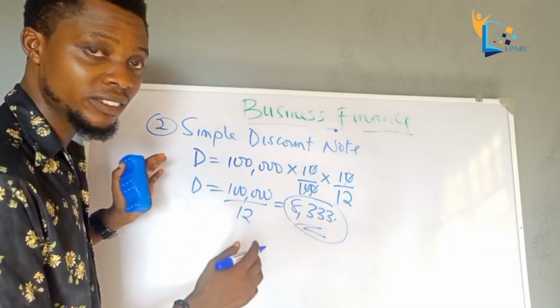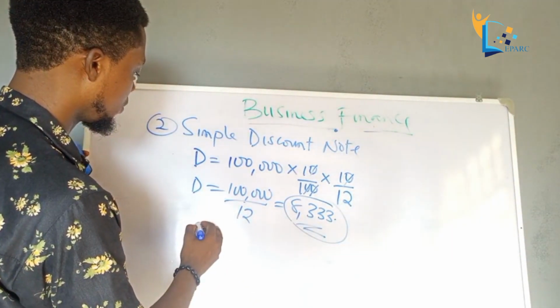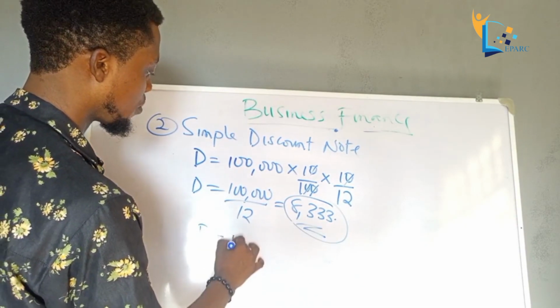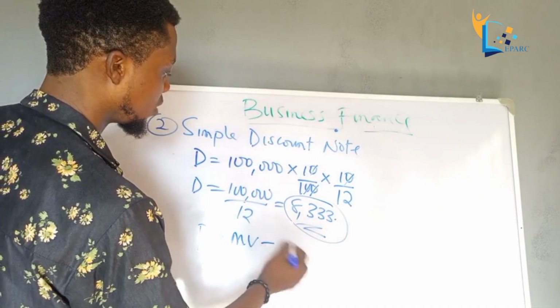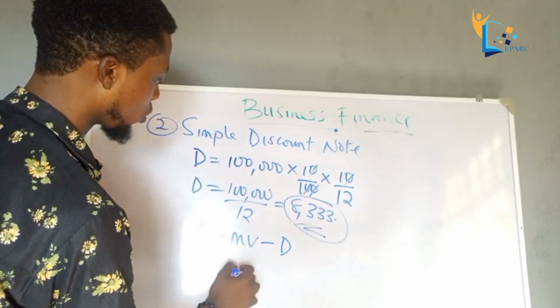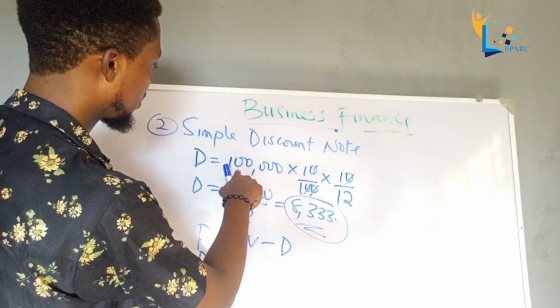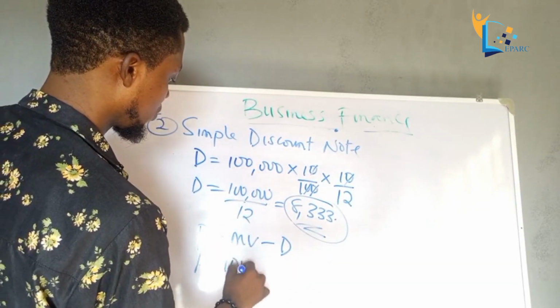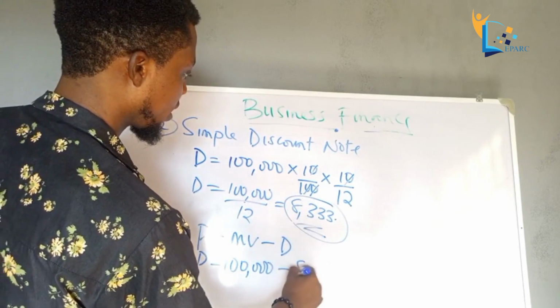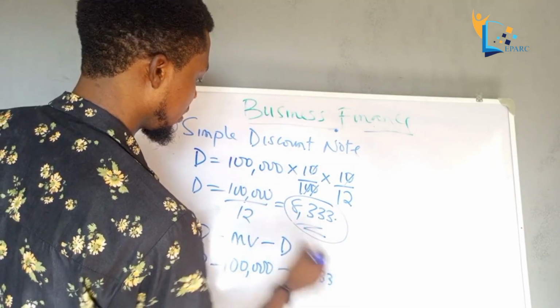Now, let's look at the proceed. Proceed is equal to maturity value minus simple discount. Okay? So proceed will now be equal to, the maturity value is 100,000 minus simple discount note, 8,333.